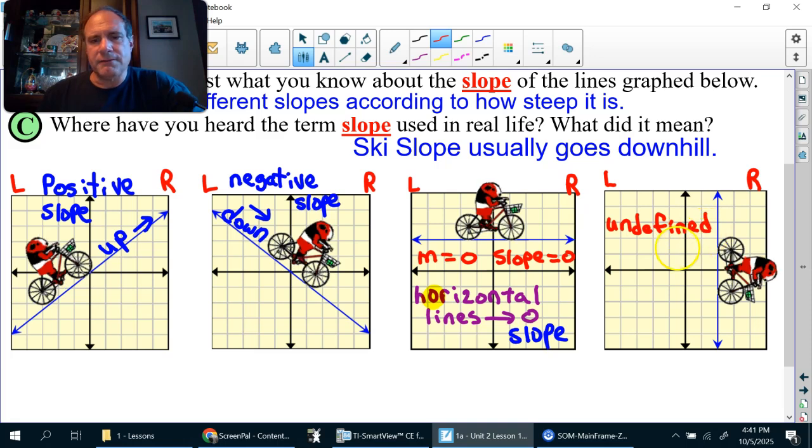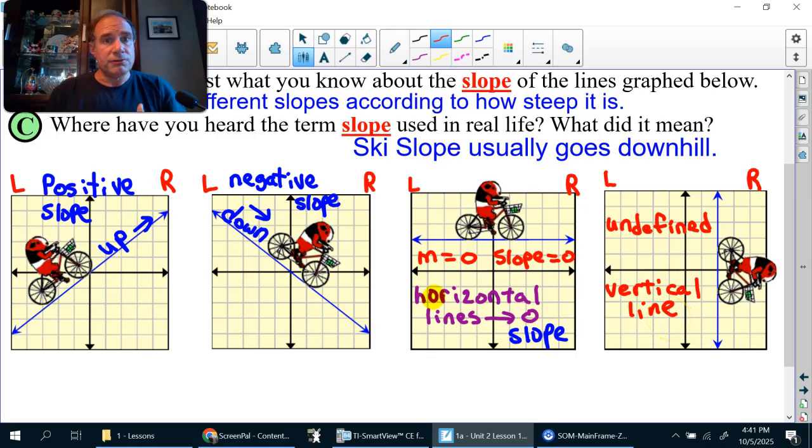This is a vertical line. It has an undefined slope because you can't measure the steepness of a line that goes vertical like this, right?